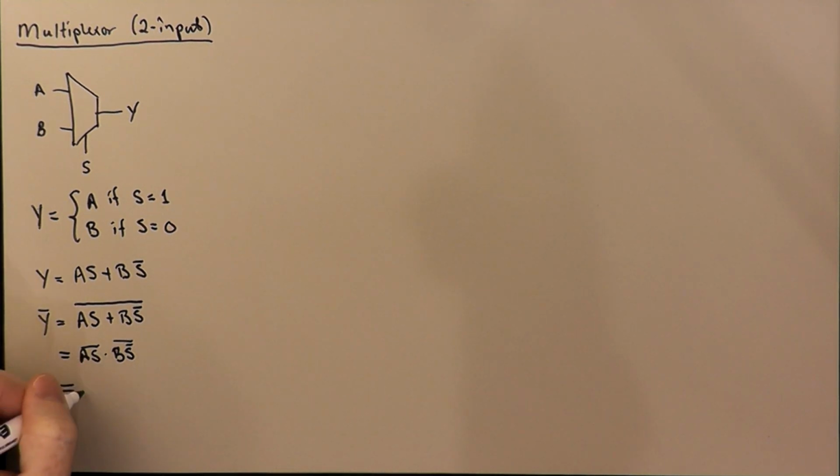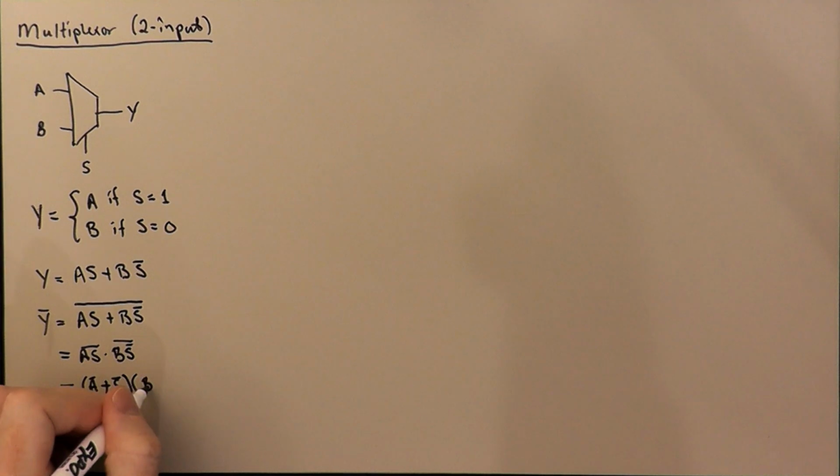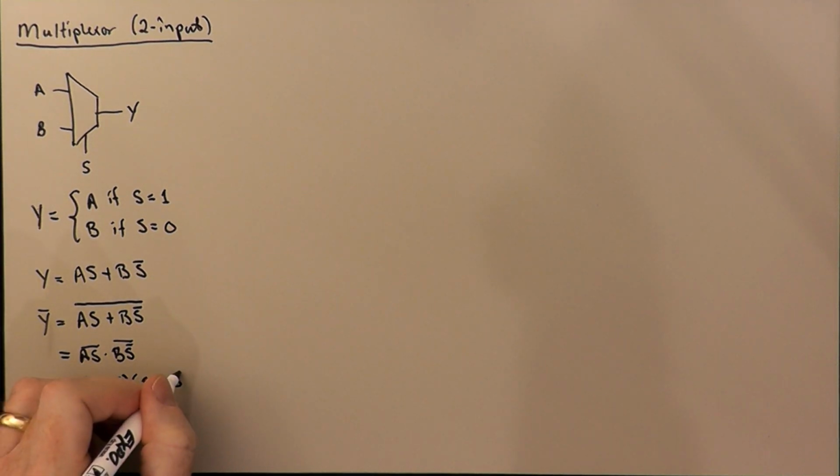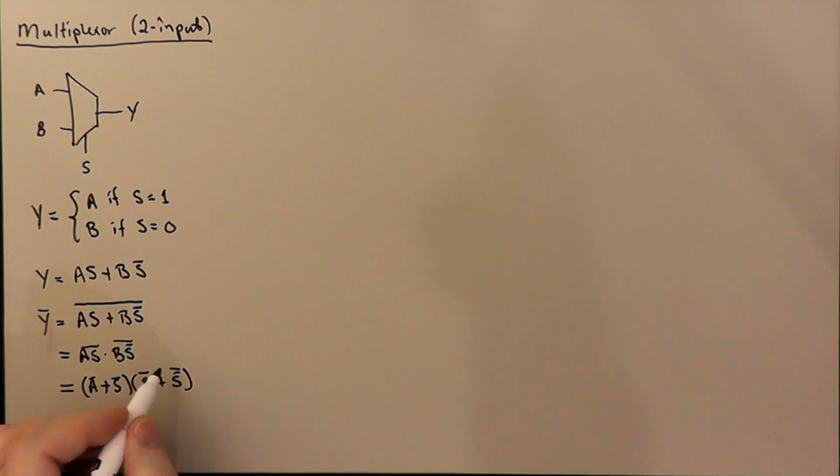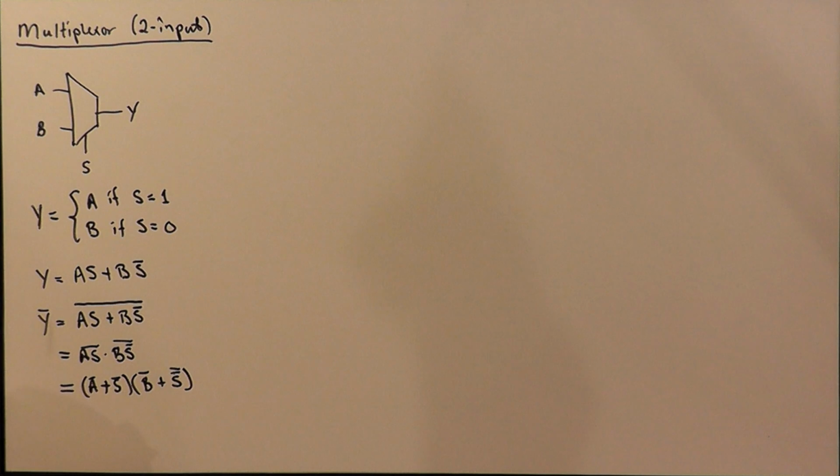This is going to be not A or not S, ANDed with not B or not S. We could take this double overbar away, but I'm going to leave it there because we're going to use this to synthesize a pull-up network.